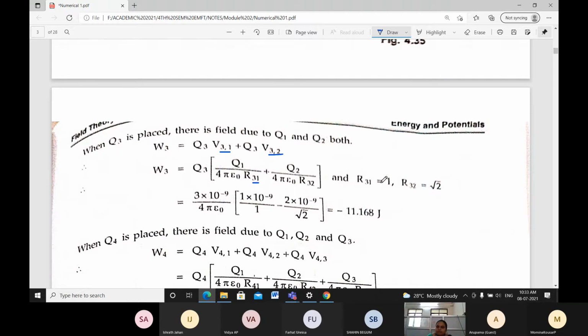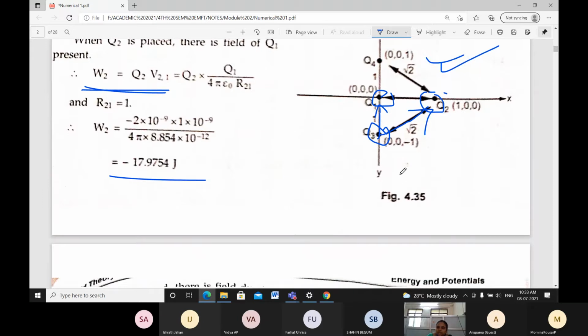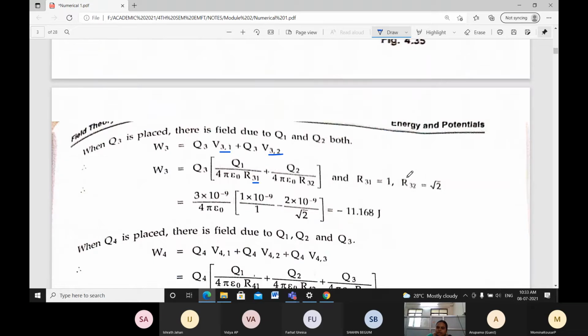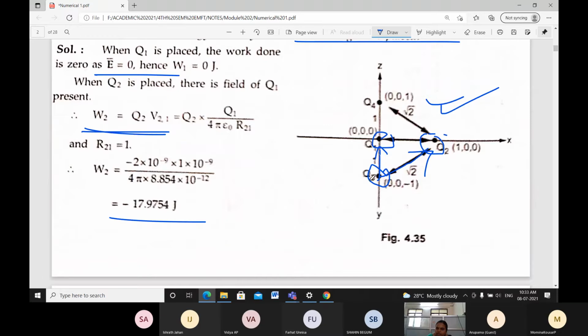What is our R31, from here to here, 3 with respect to 1? What is the value here? It is 1 only, right? Then R32. Where is our 3 coulomb point charge here and also here, 3 and 2? What is the value going to be?